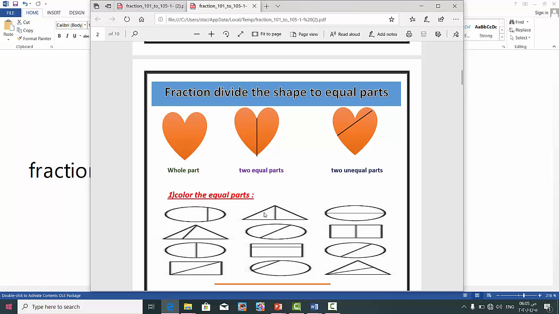No. This one? Yes. Here I have equal parts? Yes. And here no. So I'm asking you to color the equal parts only.